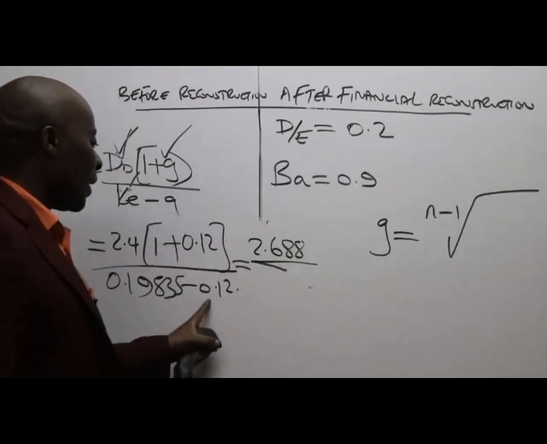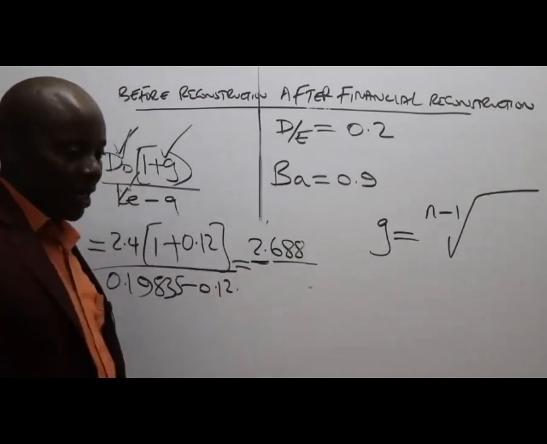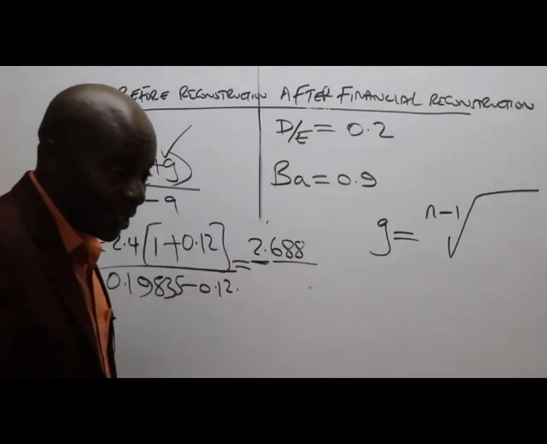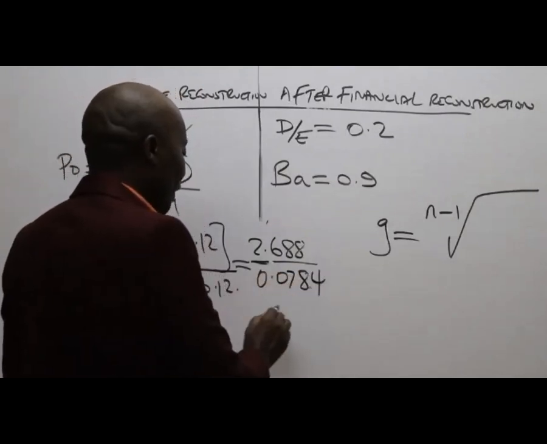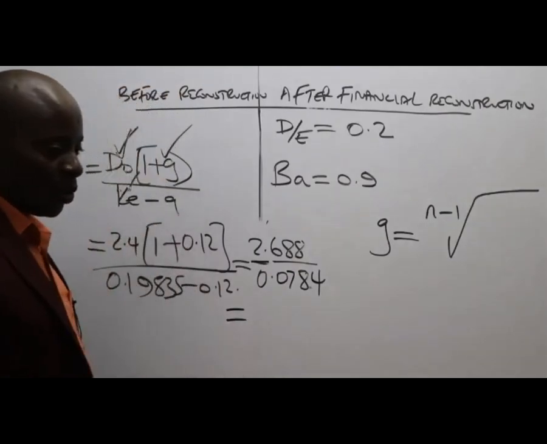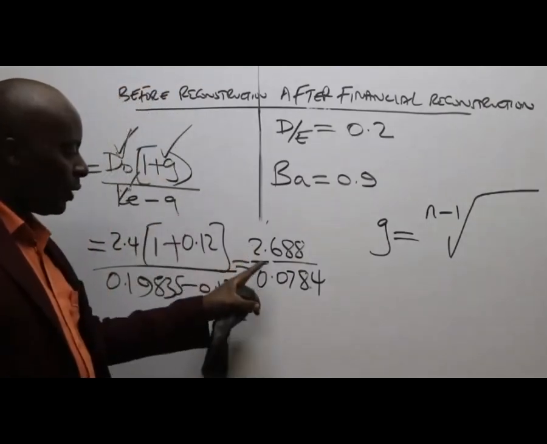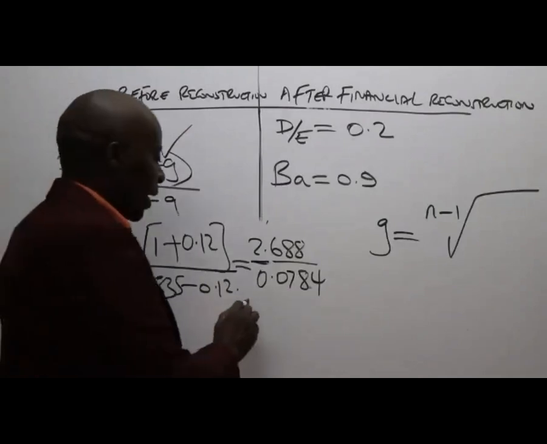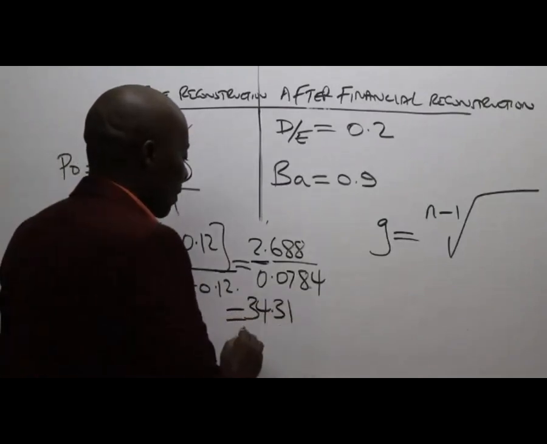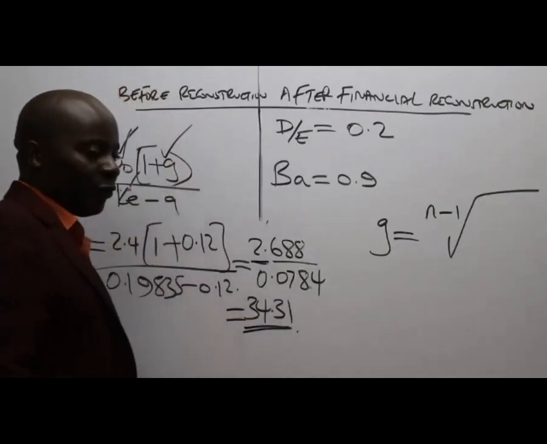Please take this minus this and give me a figure. 0.0784. Then what is the quotient? This divided by this? 34.31. So this is the market price of a share, 34.31.